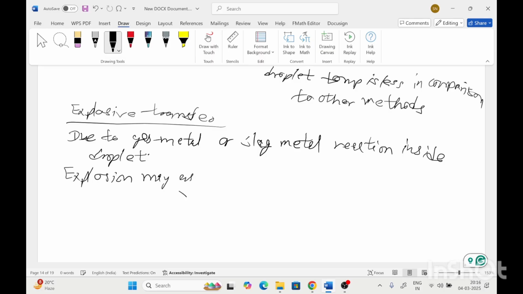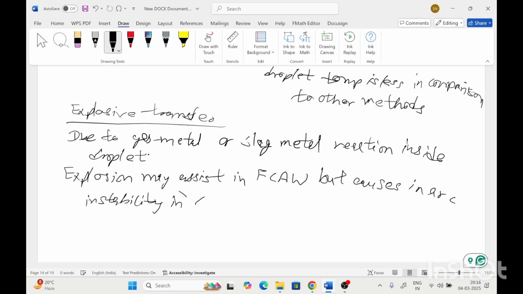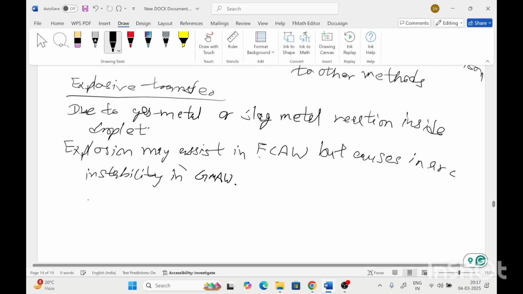This transfer is generally used in flux core arc welding, but it also causes arc instability in gas metal arc welding. So the explosive transfer is only used in flux core arc welding. So the application is in the spray or coating.